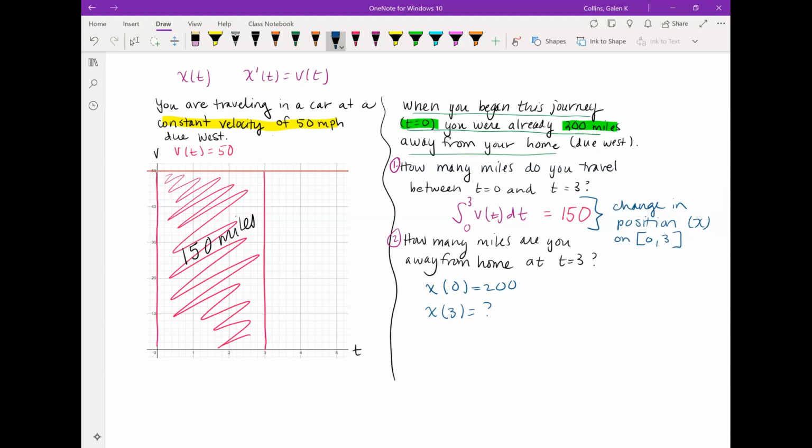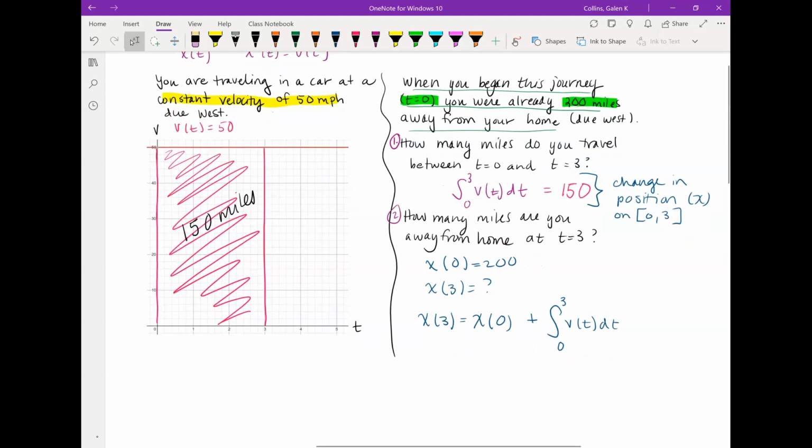We learned in section 5.3 that we could find x of 3 by starting with our known value, sometimes called an initial condition, x of 0, and then adding the change in x between 0 and 3. That comes from integrating the derivative of x, which is v, and evaluating that from 0 to 3.